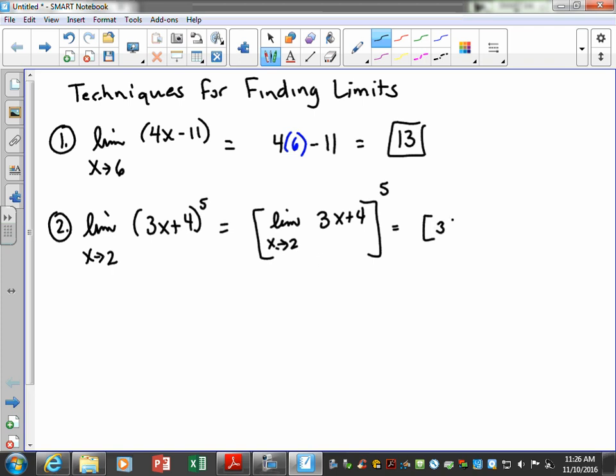So let's just say we'll have 3, plug in, evaluate our f of x there, and then we can raise it to the 5th power. So this would give us 3 times 2 is 6, plus 4 is 10. 10 to the 5th power, which is, okay, so that was theorem 2.10.